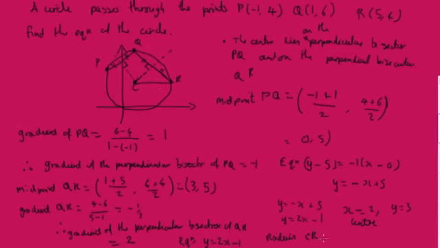Of CR will be, you can use any point, you could use that one, you can use Q, or you can use P. But we'll use R because we've not used R yet. 5 minus 2 squared plus 4 minus 3 squared will give us the square root of 10. Now putting this into our general form of the equation for a circle, x minus 2 squared plus y minus 3 squared equals 10. So I hope that helps.